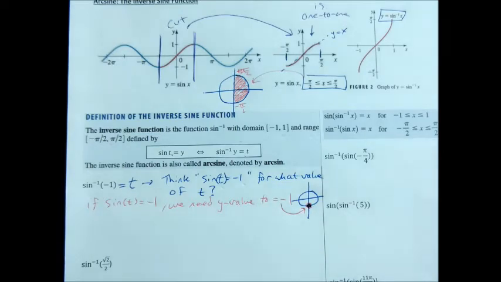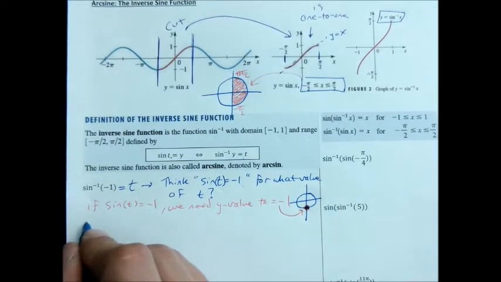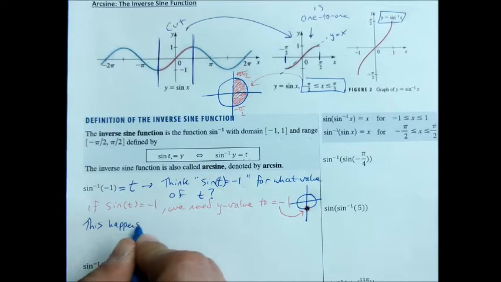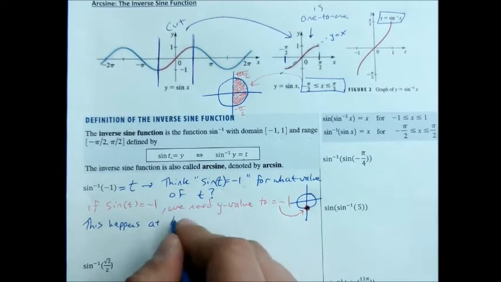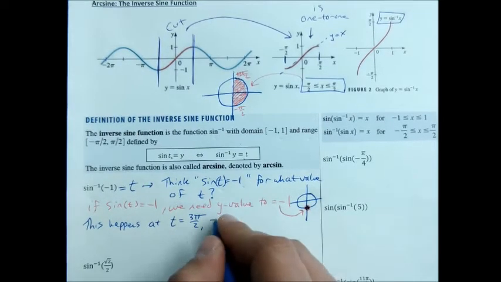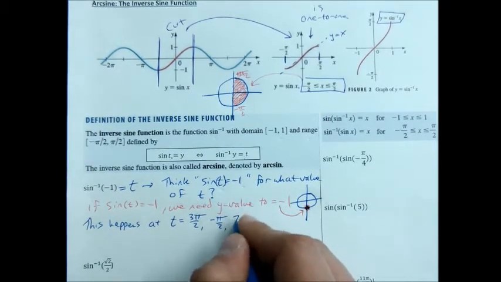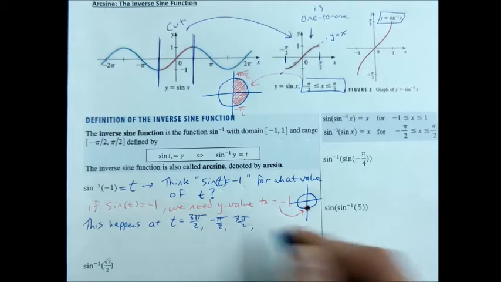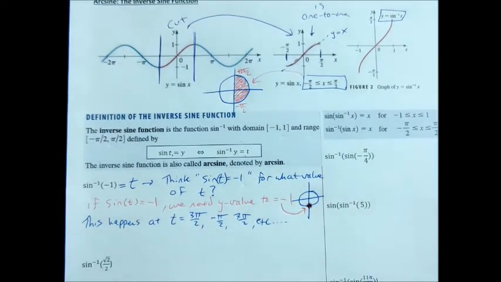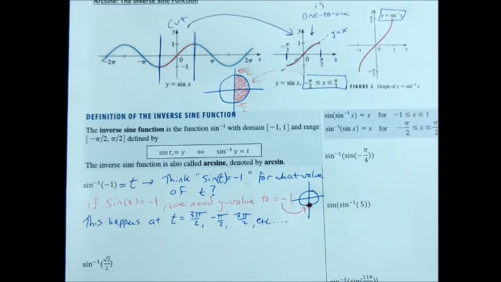I'm trying to be very detailed about that. So we want the y value to be negative 1. This happens at lots of t values, at t equals 3 pi over 2, minus pi over 2, 7 pi over 2, etc. There's infinitely many different t values that would put us on that spot.